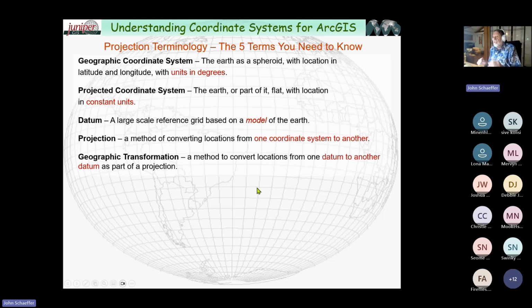Datum, a large-scale reference grid based on a model of the Earth, and projection, a method of converting locations from one coordinate system to another. Sometimes we call that map projection. And then geographic transformation, a method to convert locations from one datum to another datum as part of a projection. So these are the key terms.